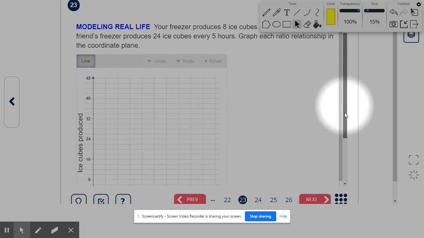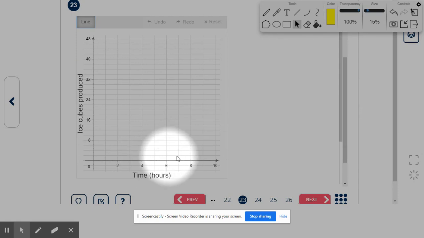And the graph is already labeled for you. The x-axis will be the number of hours, and the y-axis will be the ice cubes produced, with labeled tick marks. As you can see, this is 2. That means in between 0 and 2 is 1. So 1, 2, 3, 4. Now here we have 0 through 8. If you count the lines, are we going by 2s or by 1s?